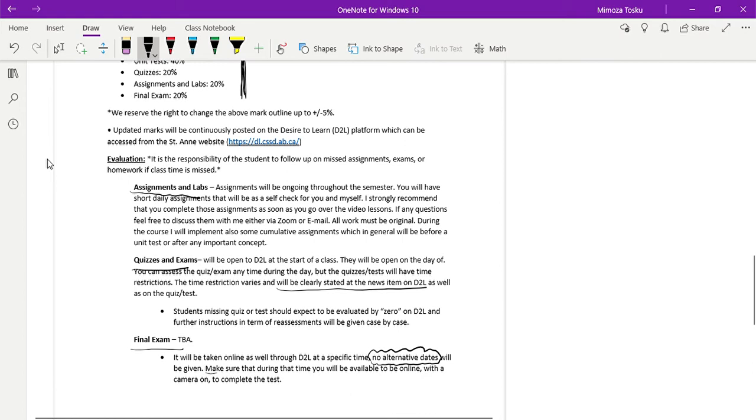One thing that is different for the final exam is that you have to be available with a camera on. So you will open the final exam, and the camera should be on so that I can see and kind of observe you from my screen.